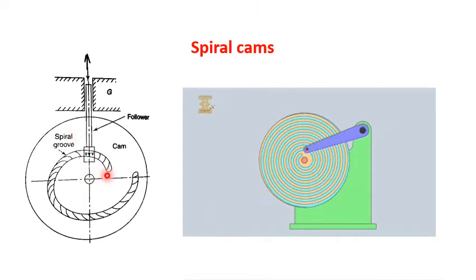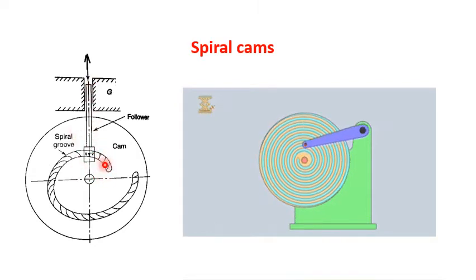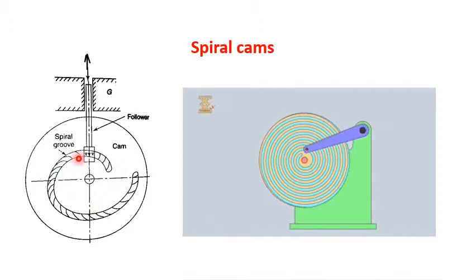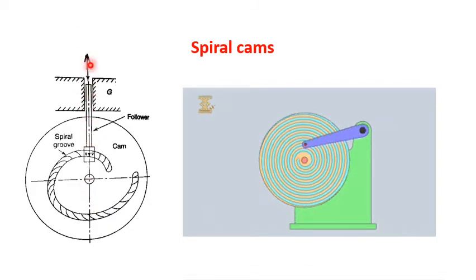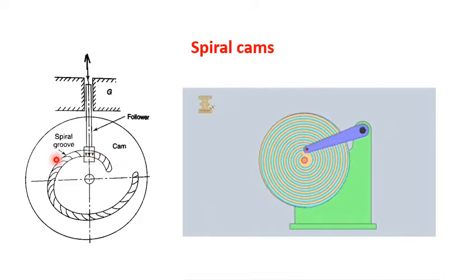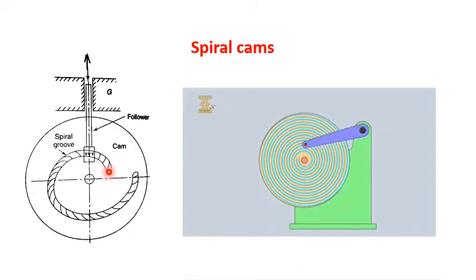Okay, so whenever this gear engages with the spiral grooves, during the rotation of this cam, there is a motion along the translatory direction that takes place. So we call such type of cams spiral cams. So these are the special purpose cams.